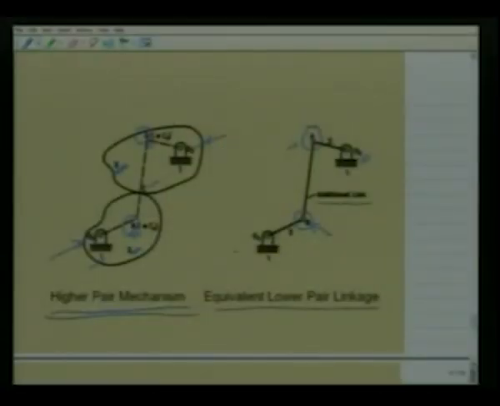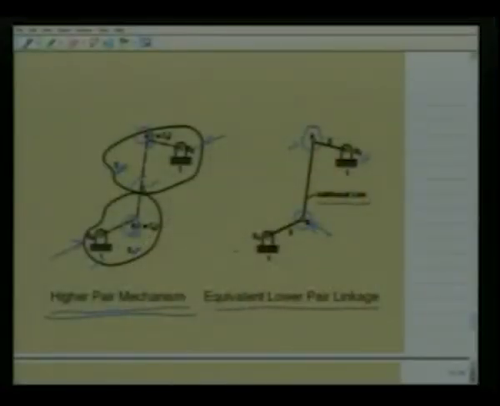As I said earlier, as these two bodies 2 and 3 move, the centers of curvature also move. So for every instant we have to have a different equivalent lower pair linkage. Later on we will explain this equivalence through a model.